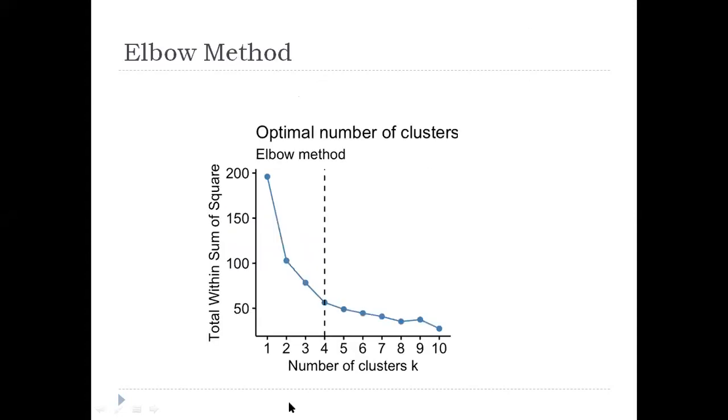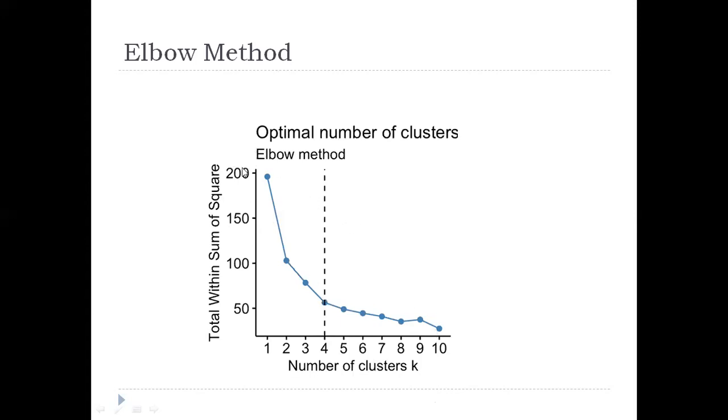That is the cost function used here, the total within-cluster sum of squares. You plot that on the y-axis, and on the x-axis you plot the number of clusters, with a range of clusters from 1 to 10. That's the usual range of the number of clusters anyone can have in their data. For all the different values of k, you run the algorithm, calculate the total within sum of squares, and plot the graph.